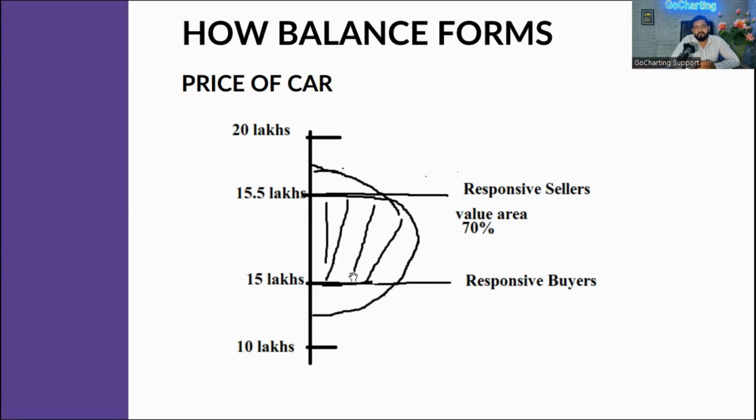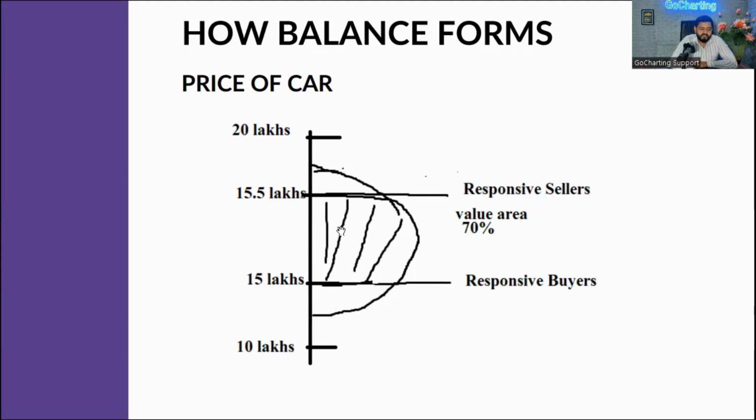So what you're going to do, you're going to ask lots of your friends whether it's a good price or a bad price. We all consult on whether it's a good price or a bad price. So if everyone confirms that, okay, no, this is a good price, you can buy this car at 15 lakh or 15.5 lakh or in this range, you are happily going and buying this.